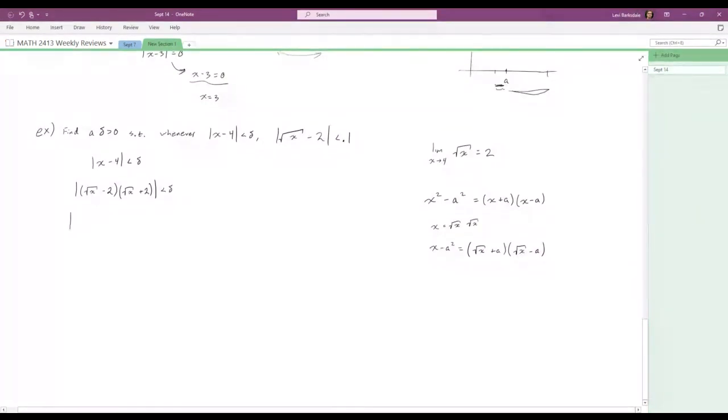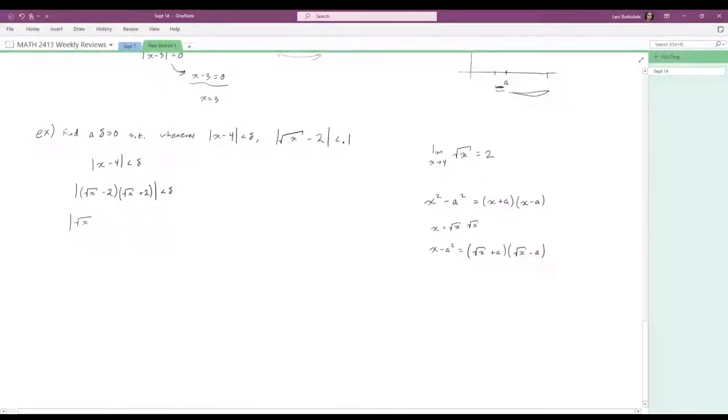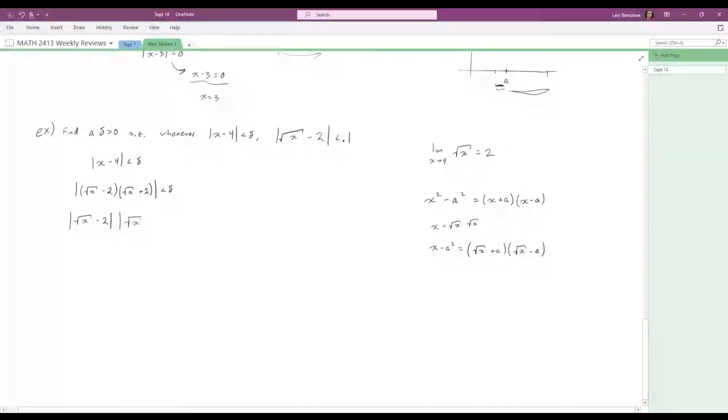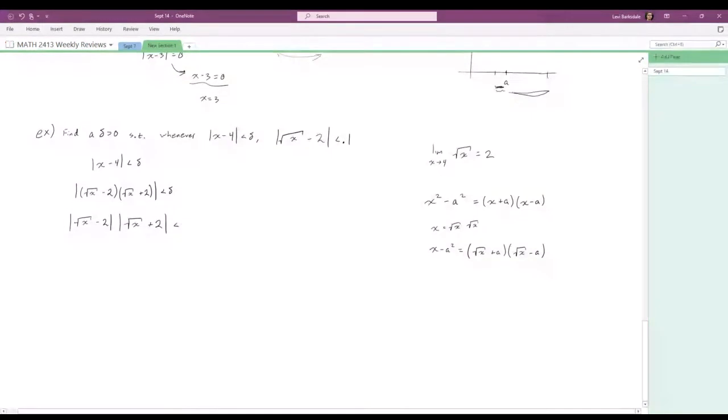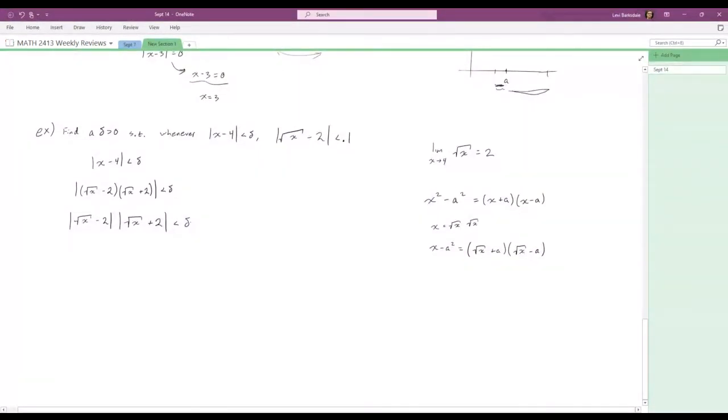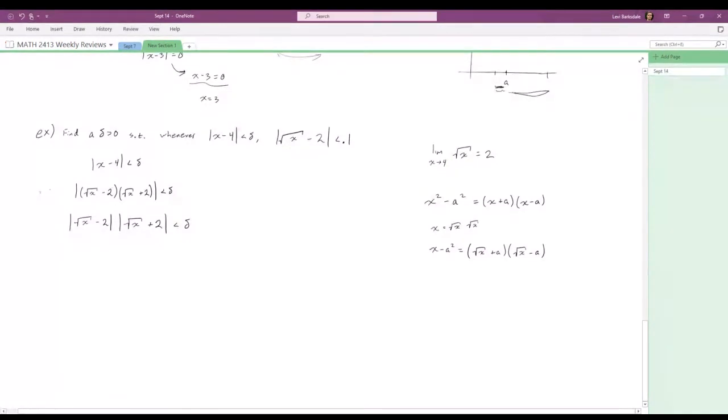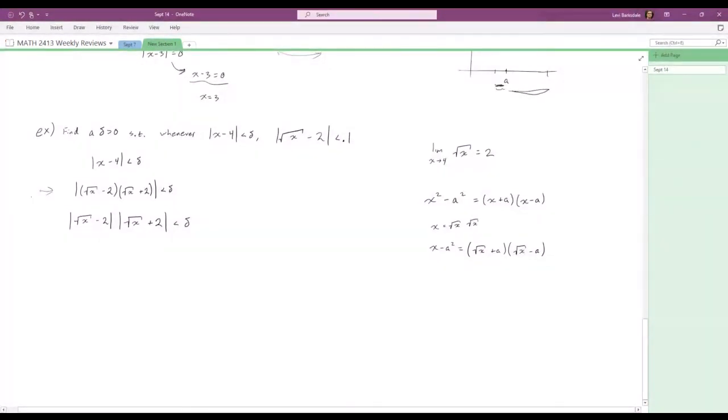Now, one of the properties of absolute value is that I can actually split up multiplication within it. So I'm breaking apart my absolute value because this is also the same thing, right? One way you can think about it is up here we've got the absolute value of the whole side, so it should be positive.